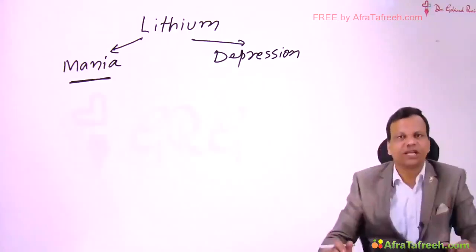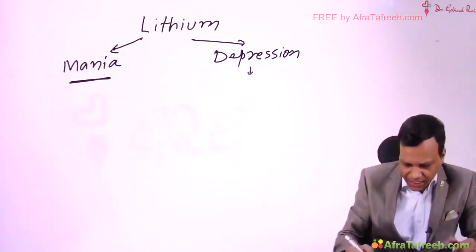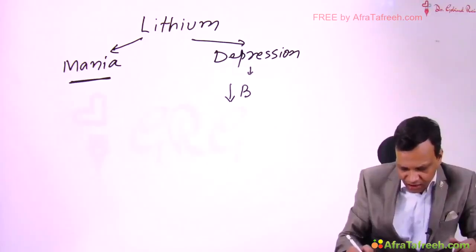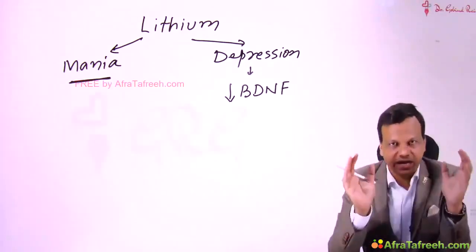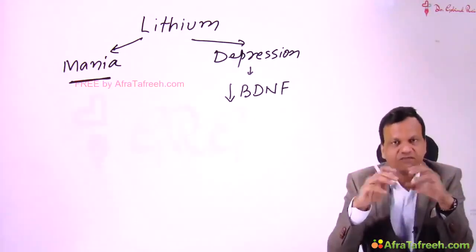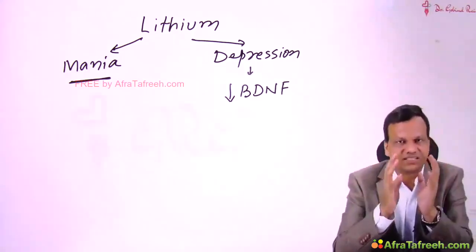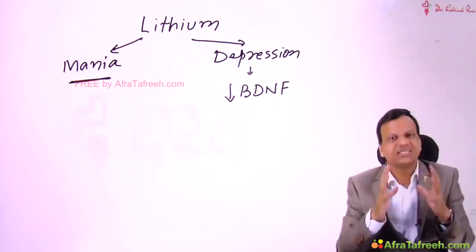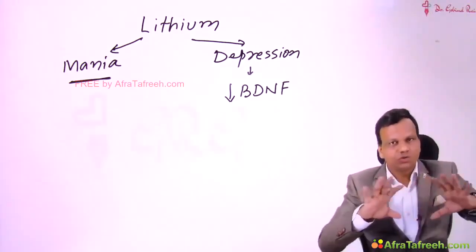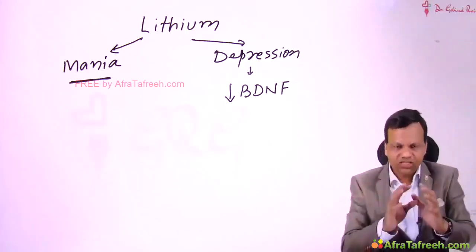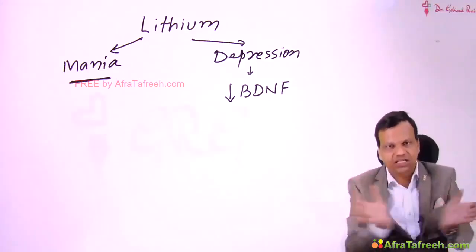But in case of depression, the pathogenesis is a deficiency of brain-derived neurotrophic factor, BDNF. This is a substance which is required for neuronal plasticity. Neuronal plasticity means that after birth the neurons do not divide, but they keep on forming connections with other neurons.